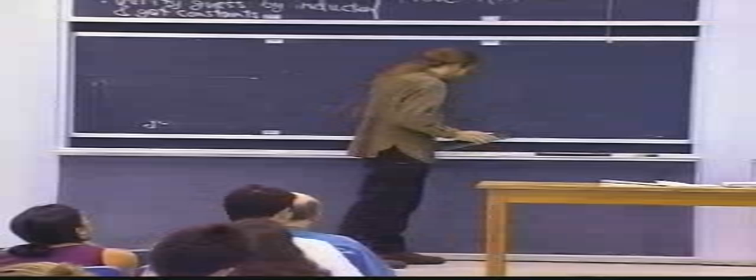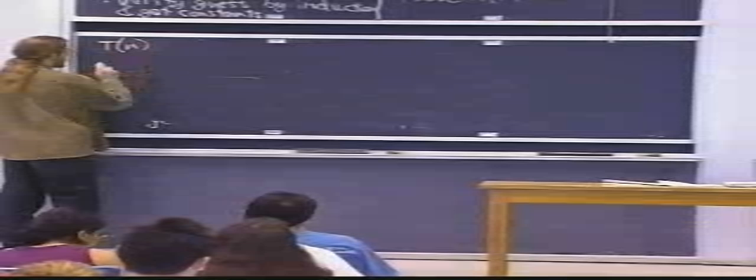So we have T of n. We want to conclude in the end that T of n is at most c times n squared. Good. How do we proceed? Well, we take, again, the recursion.